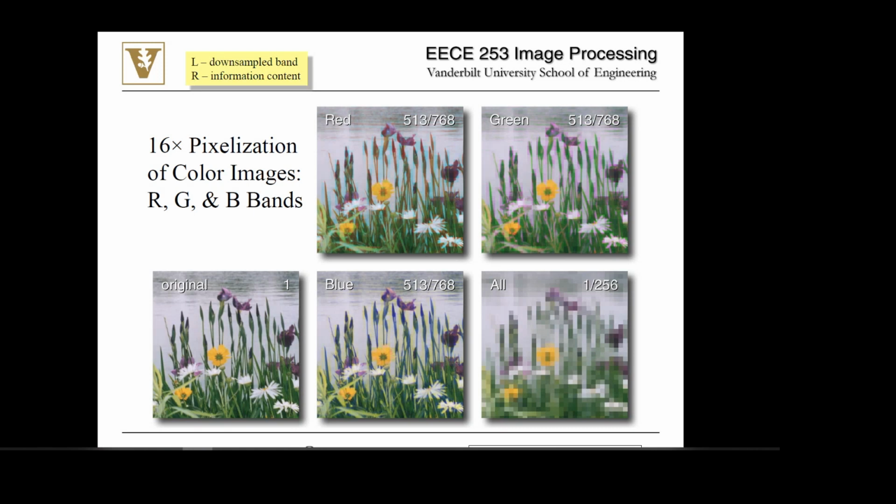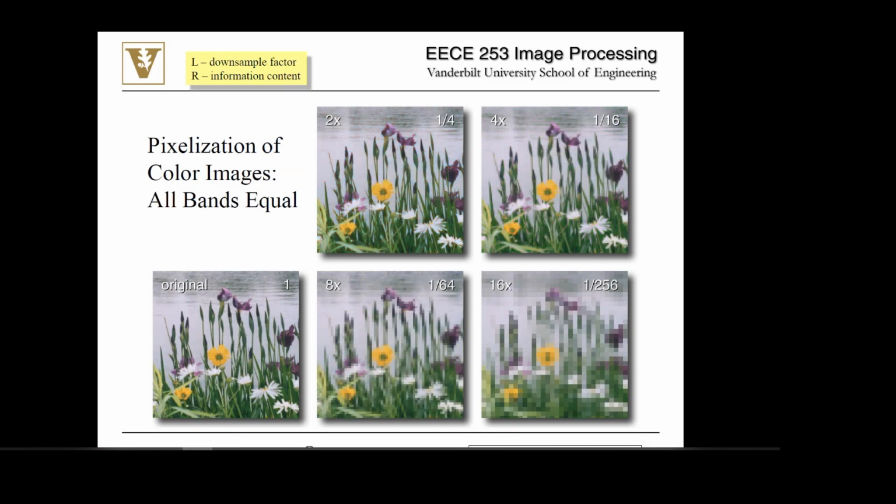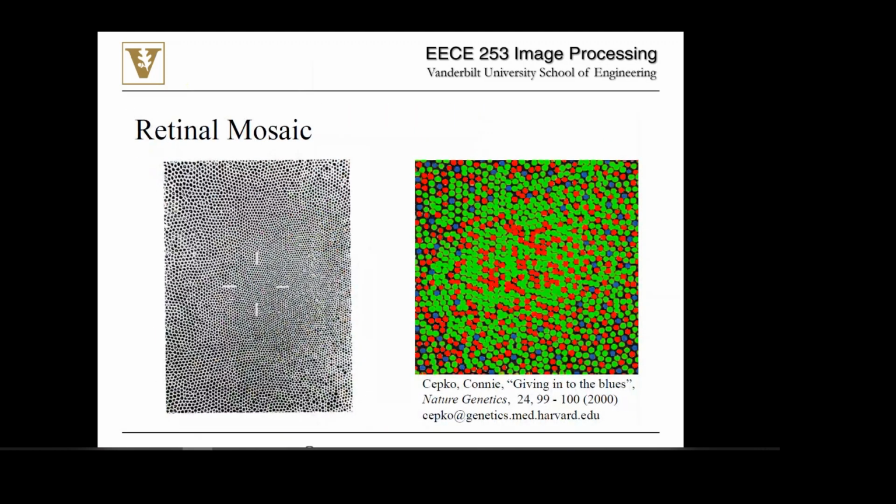Many more. Actually, this is consistent, I think, with one of the pictures before. When we look at this, most of the cones are green. And now we have more red and very few blues.